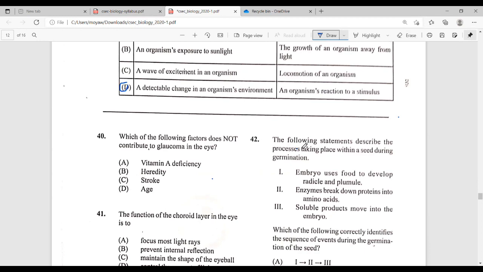So the first thing is we have to understand what glaucoma is. So glaucoma is caused by an increase in pressure within the eye due to blockage in the flow of the aqueous humor. So glaucoma can give you symptoms like pain, inflame, or tender eye. So it would be painful eye, inflamed eye, or tender eye.